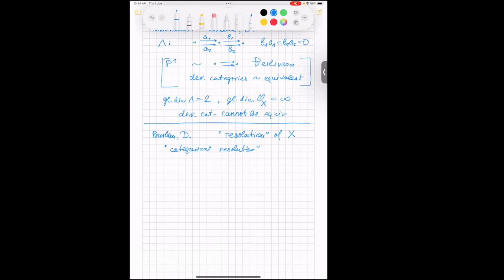The novelty of our construction was that we realized it as coherent sheaves over a curve, but over a non-commutative curve.